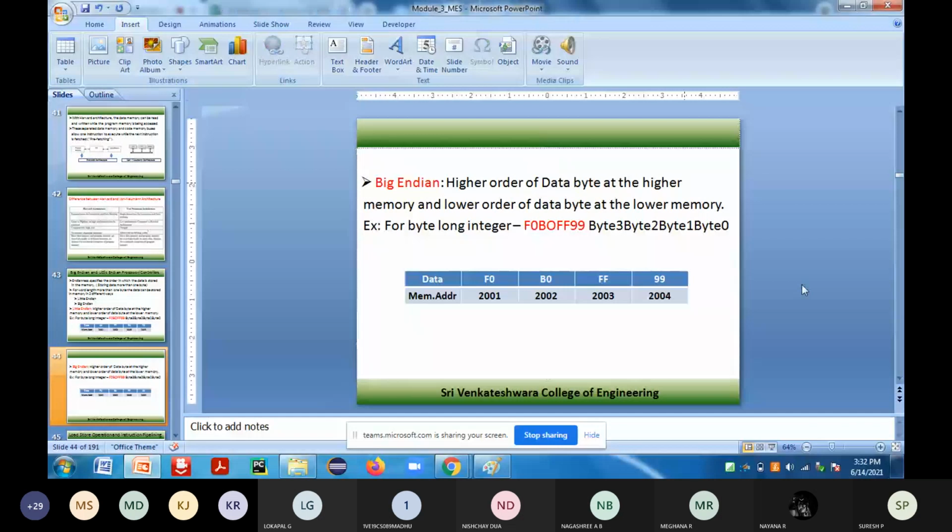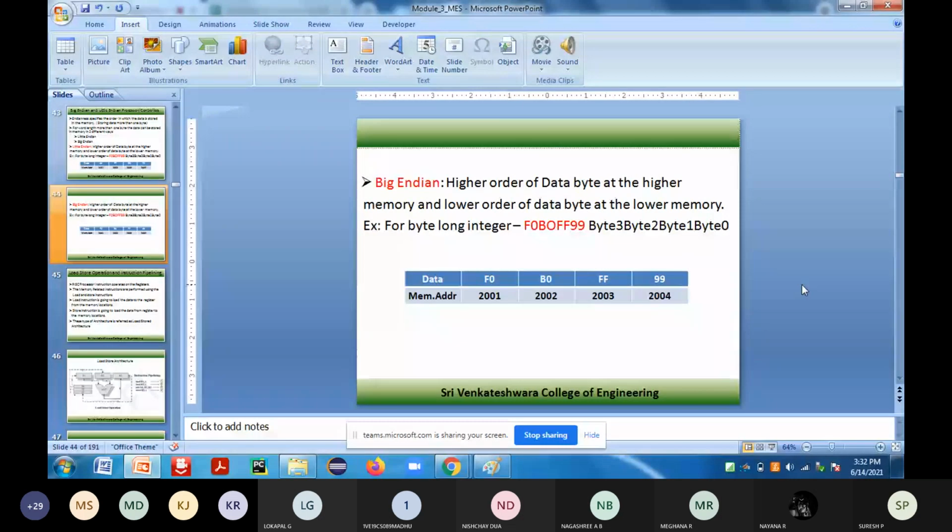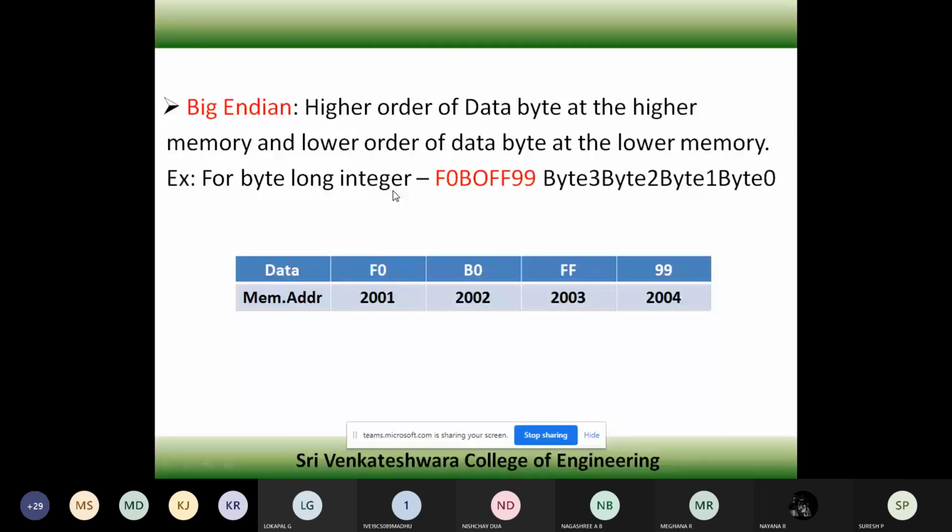So byte 0, which is 99, will be at the higher address. You can see it here from this one. If you have a long integer, the lower byte will be at the higher address, and the higher byte will be at the lower address.